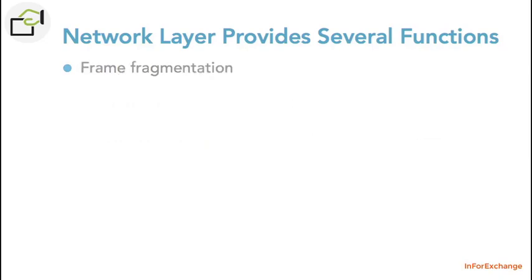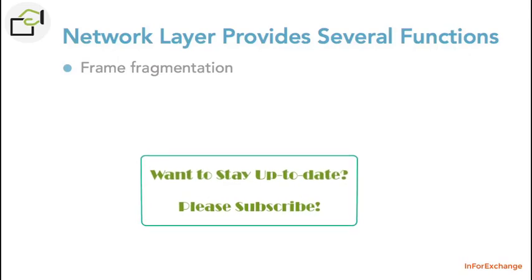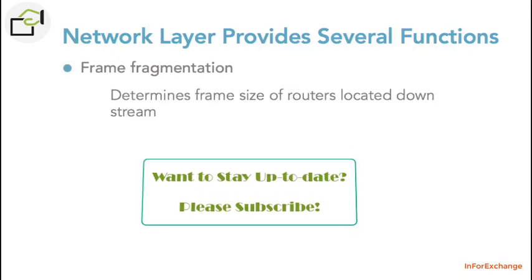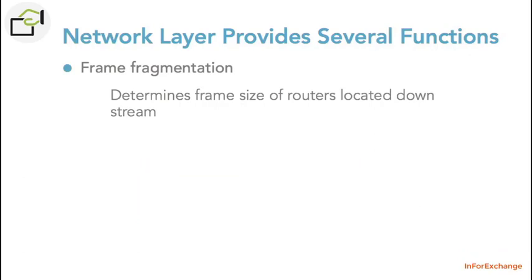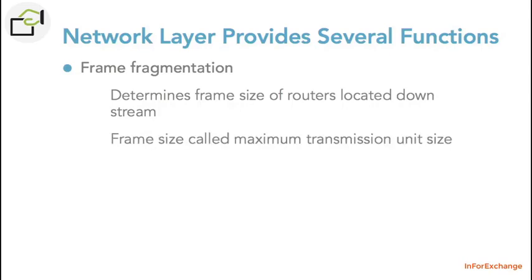Frame fragmentation is another function of the network layer. Now, when we talk about frame fragmentation, what we mean is that the network layer determines the size of the frame that routers downstream are using to transmit data. It then takes that frame size, which is called the maximum transmission unit, and if necessary, it breaks up the data that it wants to send into a size that matches the MTU of the routers that it's going to be passing through downstream.